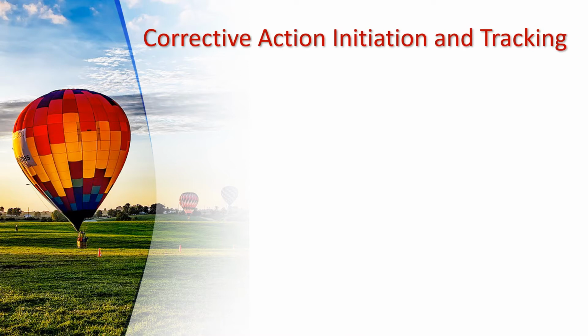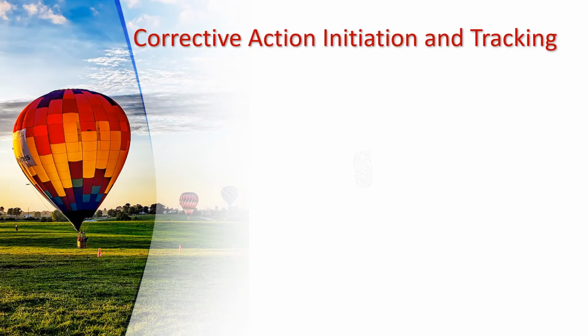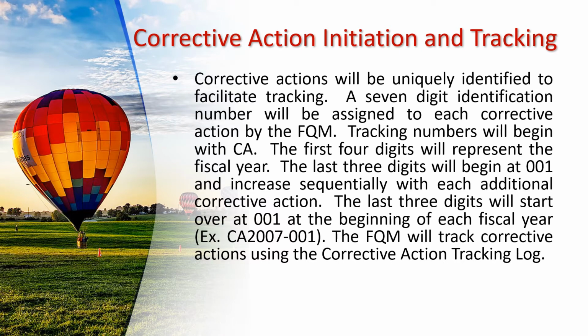Corrective action initiation and tracking. Once the need for a corrective action has been identified, anyone within the field branches can initiate a corrective action request through the Field Quality Manager or the FQM. Corrective actions will be uniquely identified to facilitate tracking. A 7-digit identification number will be assigned to each corrective action by the FQM.